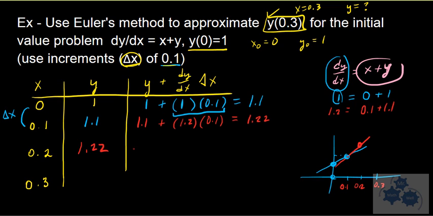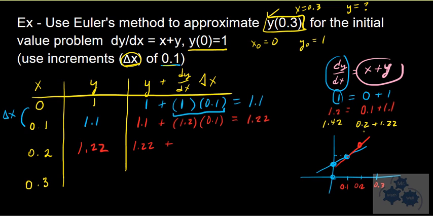So let's do it one more time. So 1.22 plus, all right, what's dy over dx at this x value? Well, should I use a different color? Yes. Let's do yellow. So my x value, I said, was 0.2. My y value is 1.22. So what's that? 1.42?